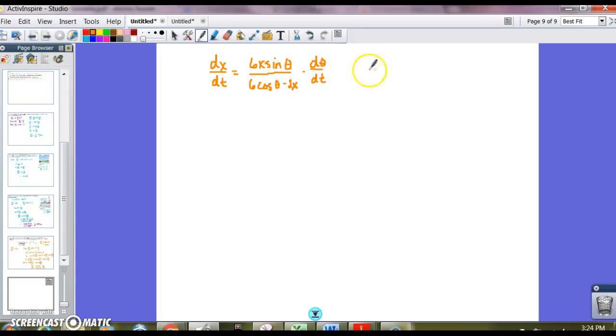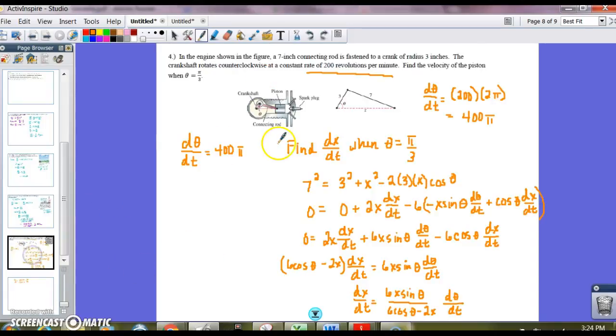Okay, now before I can actually find dx dt, there's one other variable that I don't know. I don't know what x is, right? I already know what theta is, the theta that I'm going to use is pi over 3. I know d theta dt is 400 pi, but I don't know x yet. So I'm going to go back to this, and I'm going to solve this for x when theta is pi over 3.